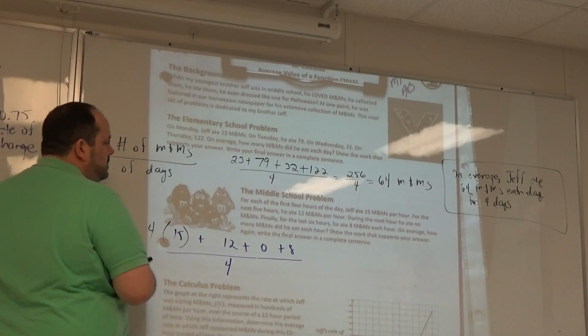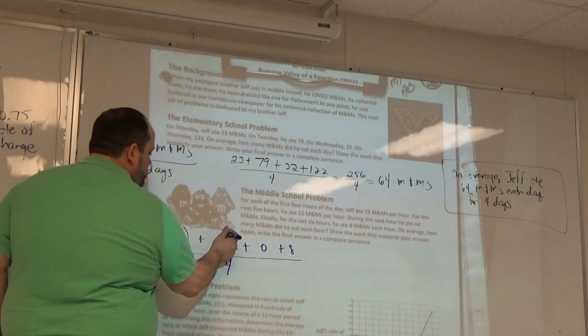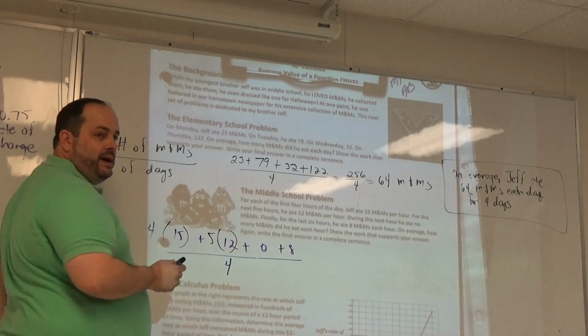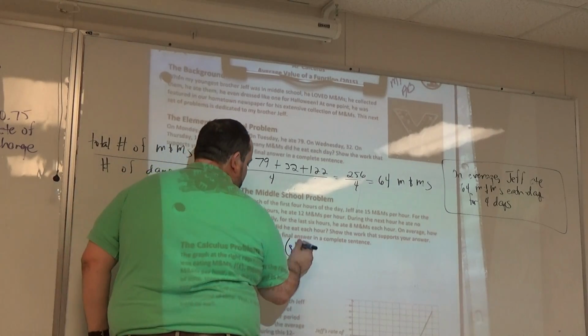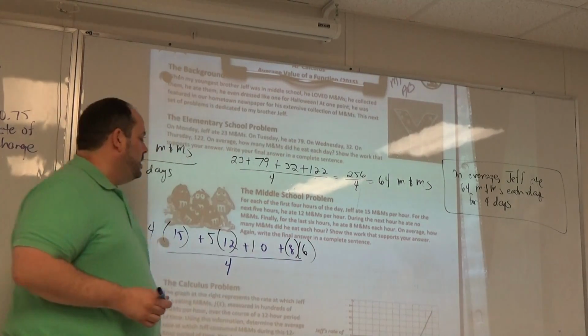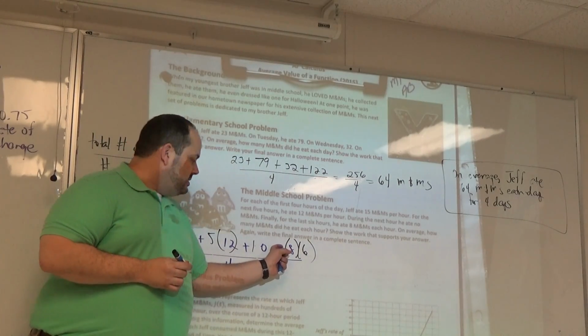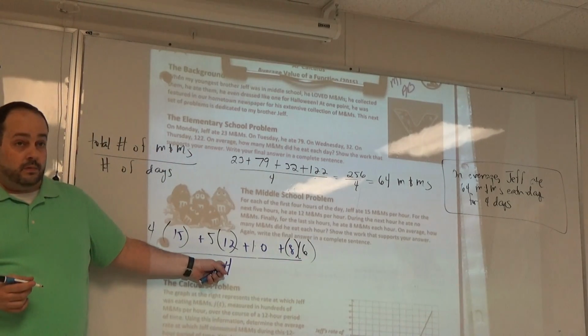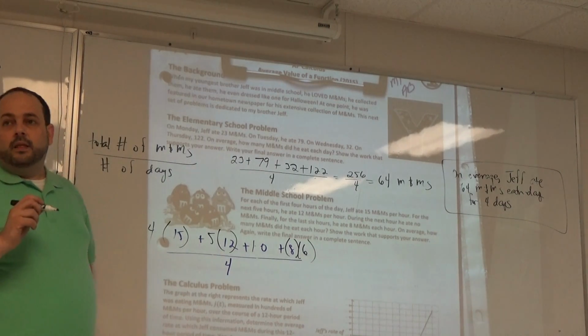And then? For 12 it's 5 hours? It's 12 M&Ms per hour for 5 hours. The 0 M&Ms for 1 hour, and then the 8 M&Ms for what, 6 hours? Yeah. And that's going to give you the total number of M&Ms divided by 4. Adriana, what don't you like now? You need to add up all of the hours.